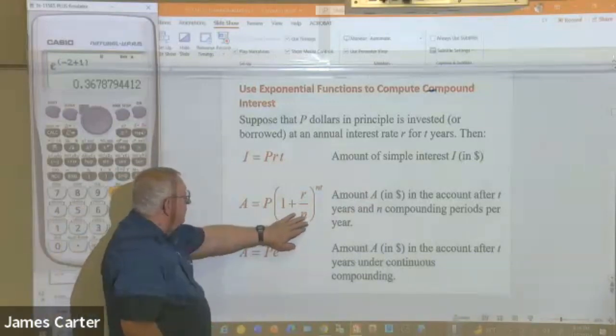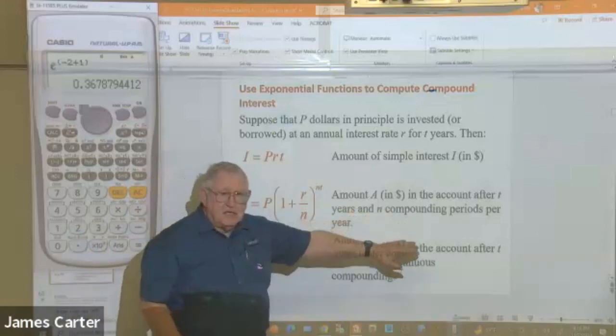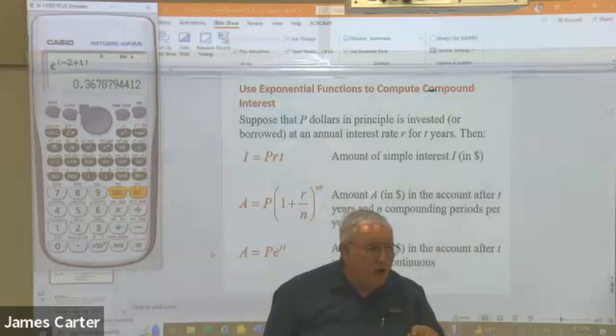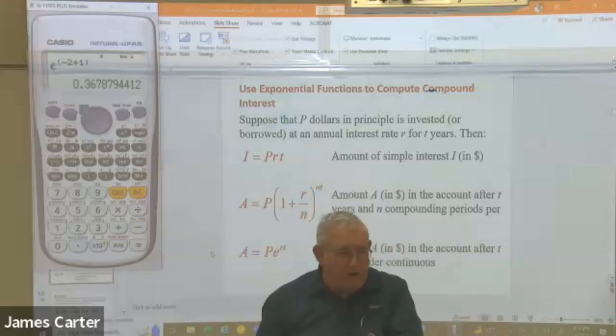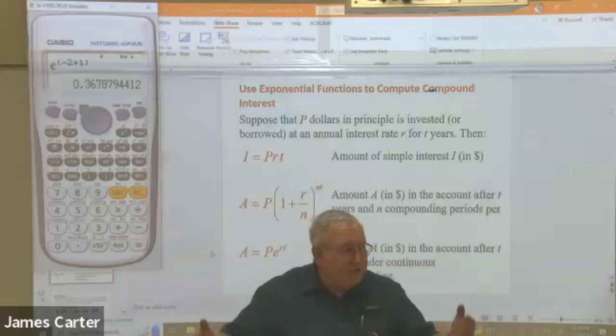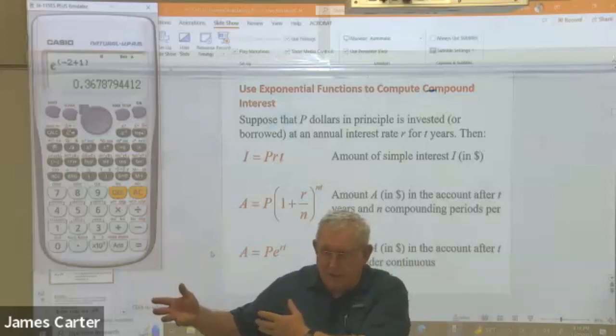Now, this one, if they say the interest is compounded, that means you build on interest. This one you just get a simple interest out. The other one takes the interest you earn, reinvests it, and it builds faster.